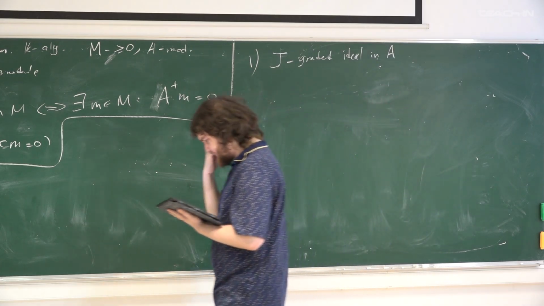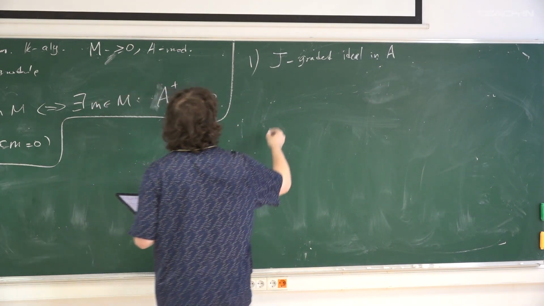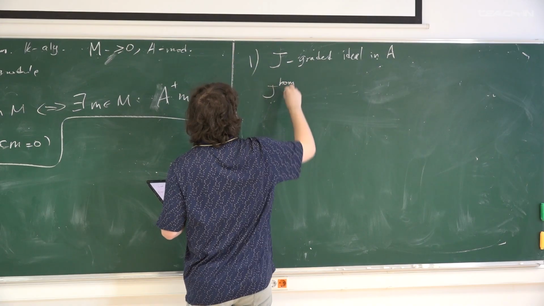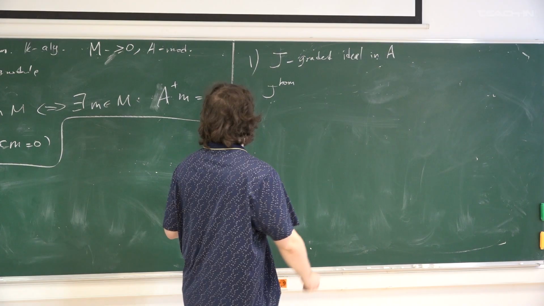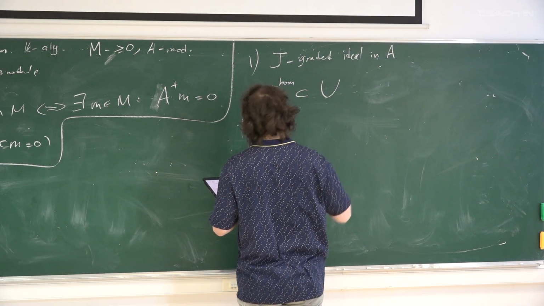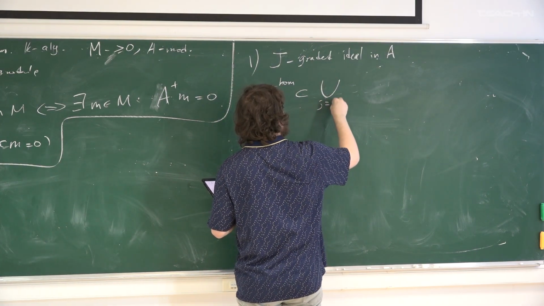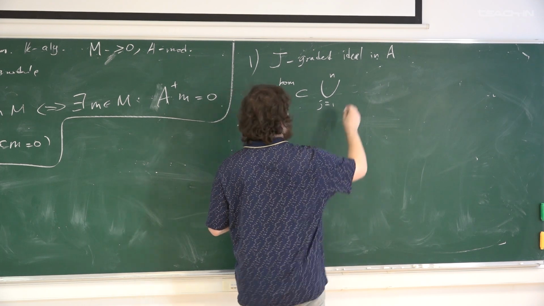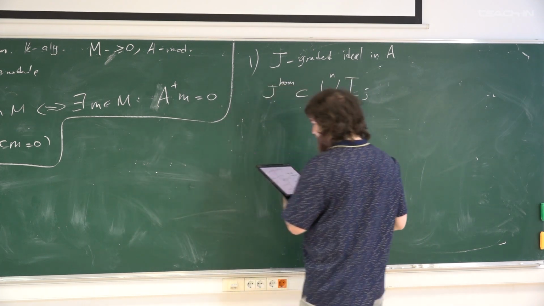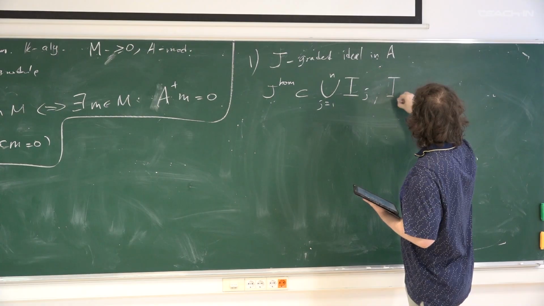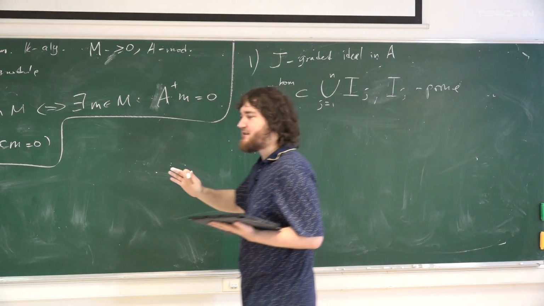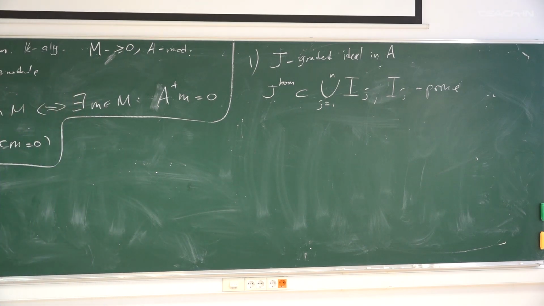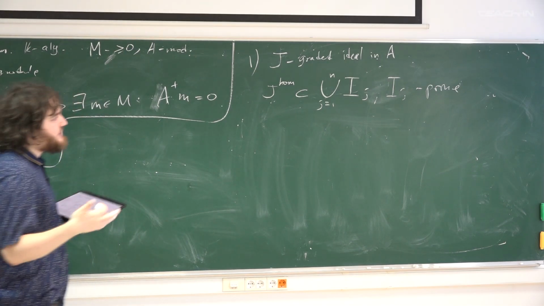And I know that all homogeneous parts of my ideal lie in a union, an infinite union, it's important here, of prime ideals. Again, if I say ideal, I always mean graded ideal, and if I say prime, I mean graded prime.